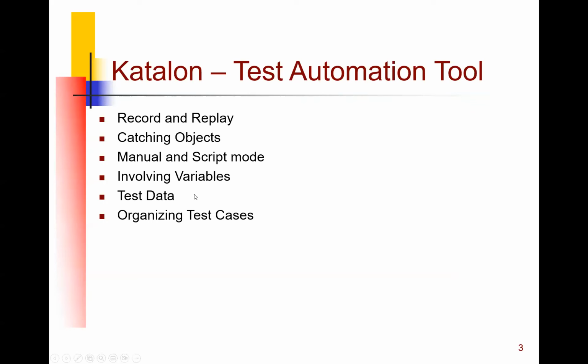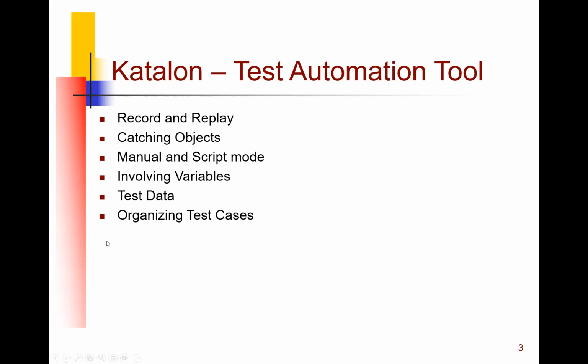And later, we try to introduce variables. So initially, when we do the recording and replaying, we just type in the data. In order to make the data more reusable, we can read from data and assign variables. And then we can get the data from Excel. For example, you can save your data in Excel, then the script can read the data from Excel and run from there.